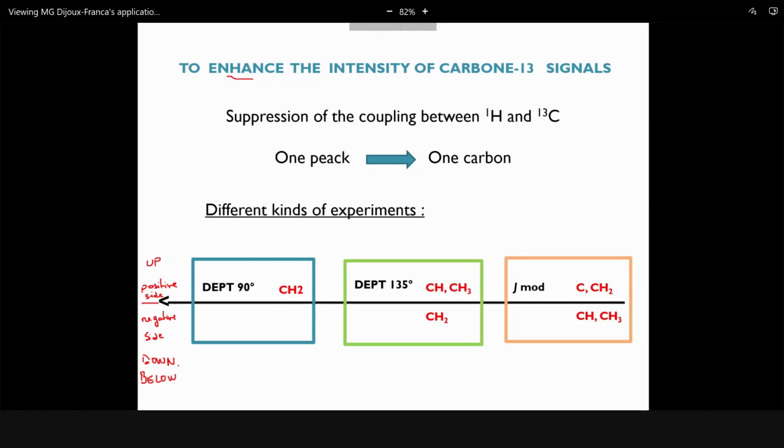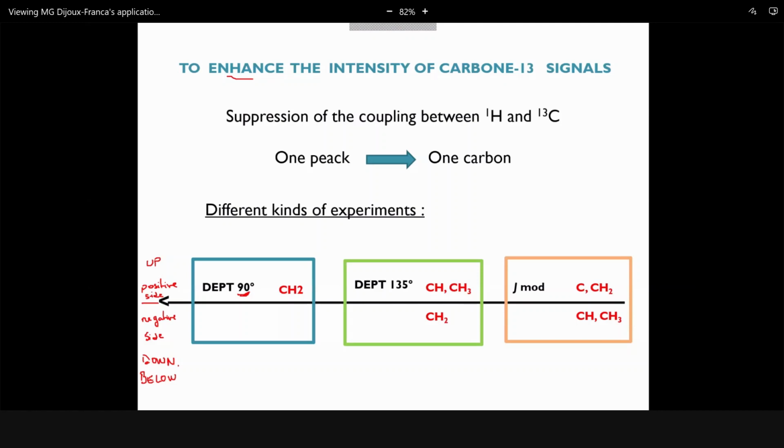So when we do the DEPT 90 experiment, we will observe only CH carbons. It will suppress all the others. So I will see only signals for CH, and they will be on the upper side of the baseline.